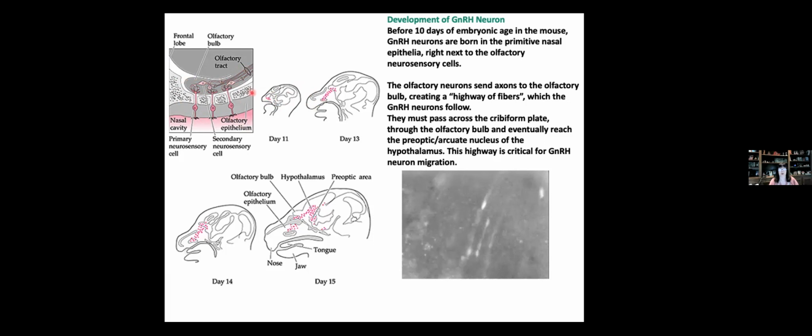So the individual has probably a perfectly well-developed pituitary, but he or she cannot respond because the GnRH neurons are in the wrong place. If they get to migrate where they want to go, and you can see this is the route of migration, then they'll be able to send their axons down and stimulate the pituitary.